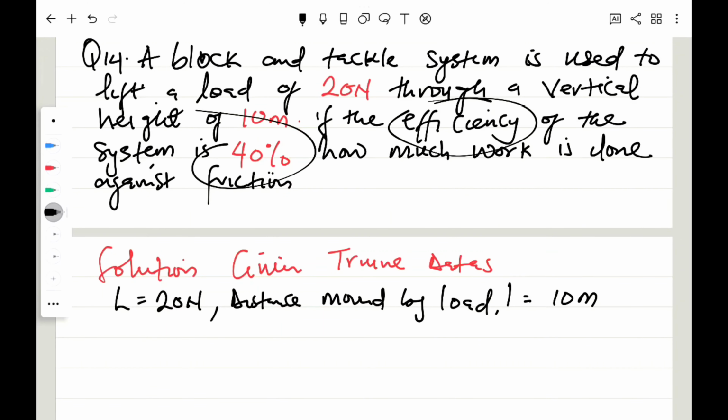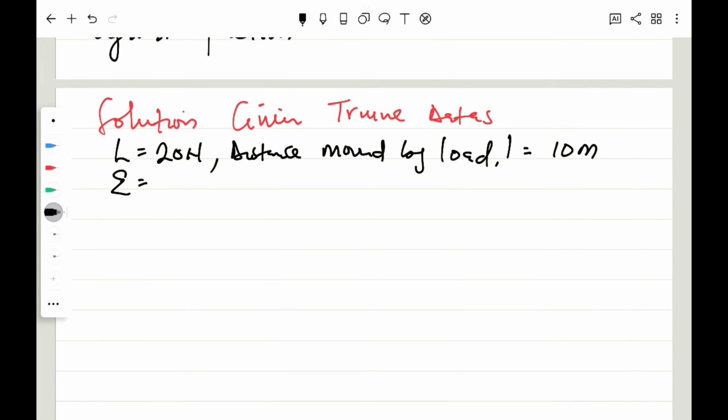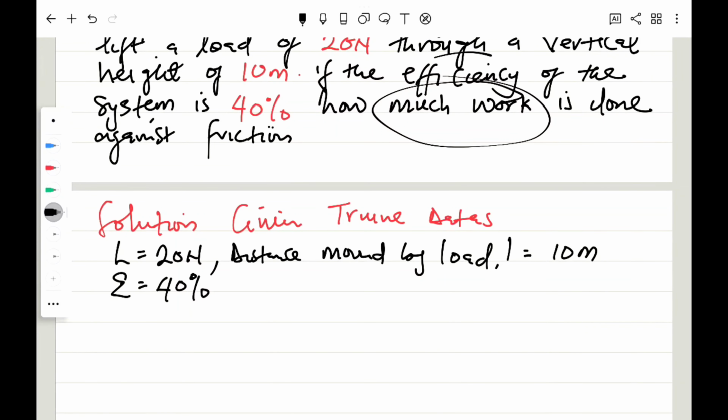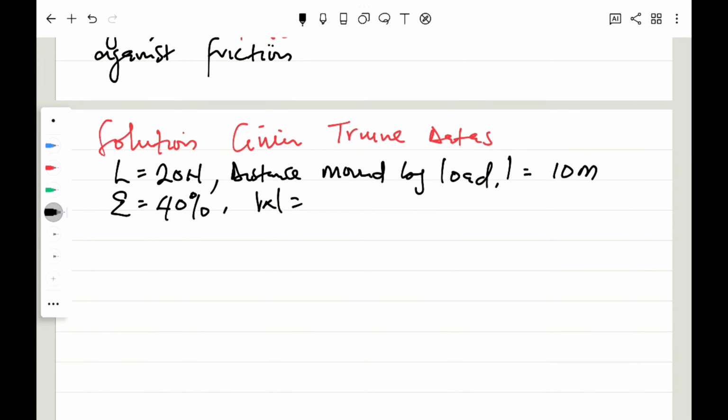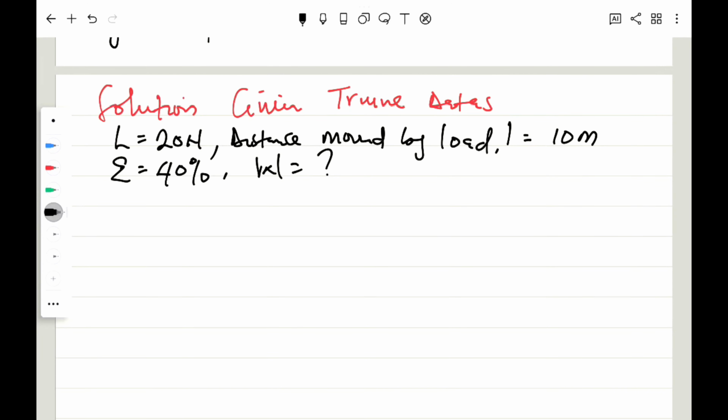So the efficiency of the system is 40%, okay? How much work is done against friction? So the work done against friction is unknown. So we need to find our work done before we can solve for work done against friction. Are you here?